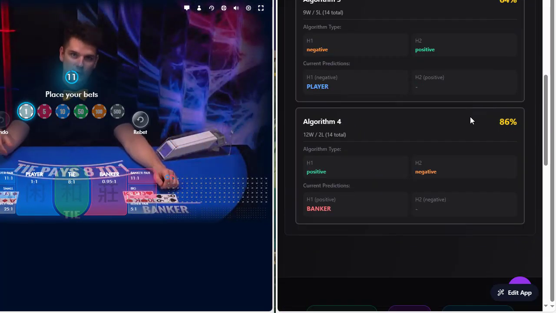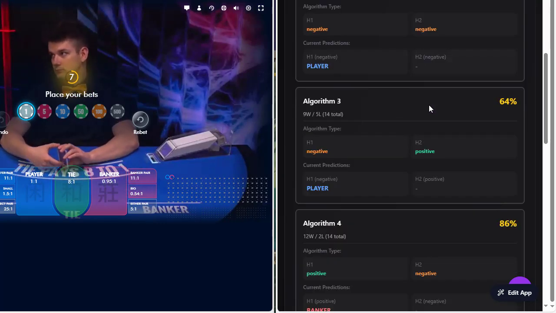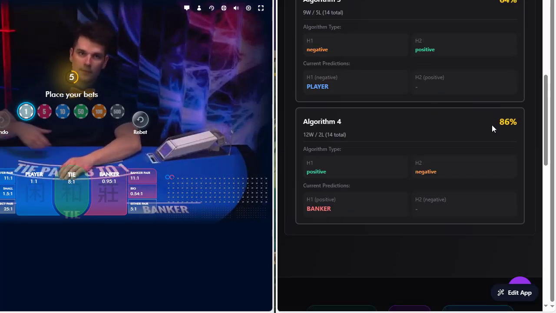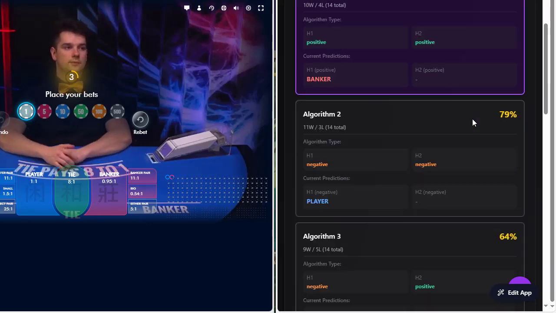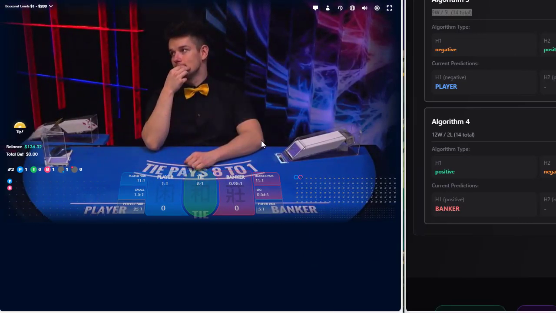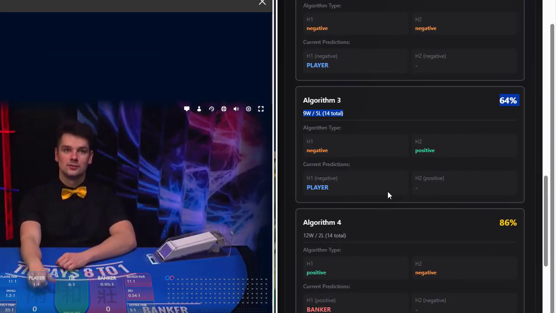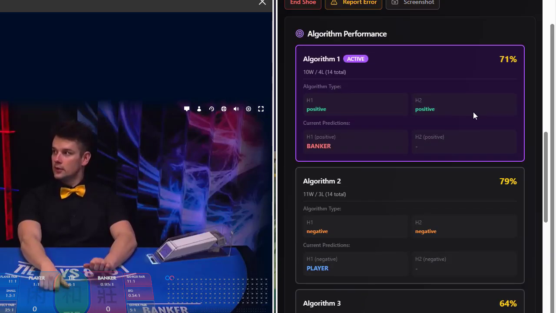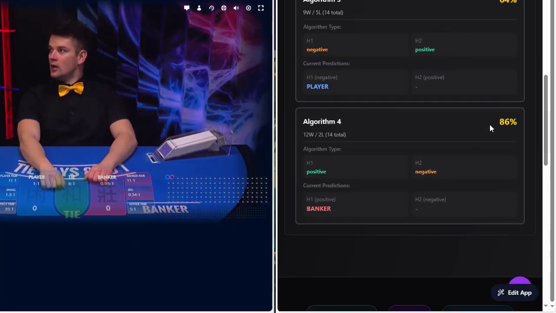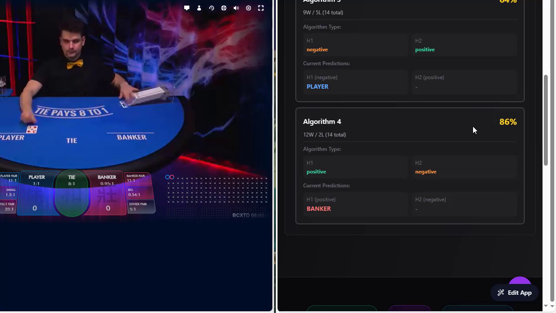All right, so why is that saying active at 71%? Oh, because, okay, we're gonna do banker. Sorry, I missed it. Actually, guys, this is silly me. This is at less than 90%. So no wonder, my fault.